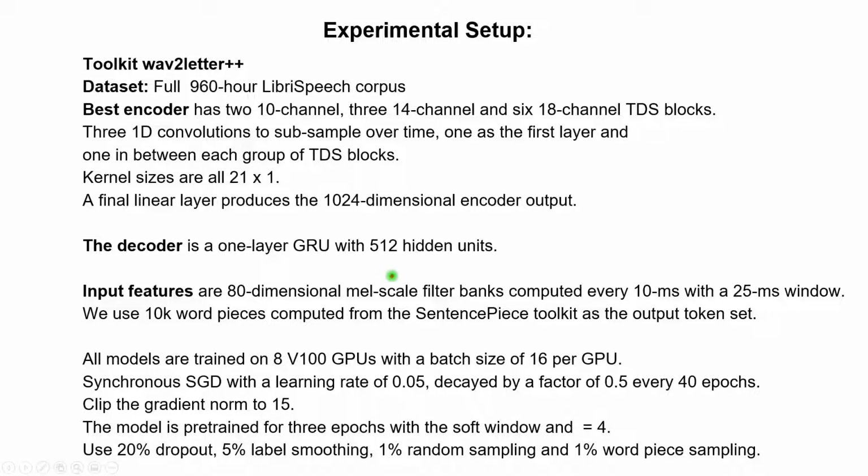I'll mention it again because these are also very useful. So this is the 80-dimensional mel filter bank, which is computed with, as I mentioned, a 25 millisecond window and a 10 millisecond sliding, and that is the input signal. And as of today, a lot of papers have been using the SentencePiece toolkit to generate word pieces, and you can vary the parameter for the word pieces.